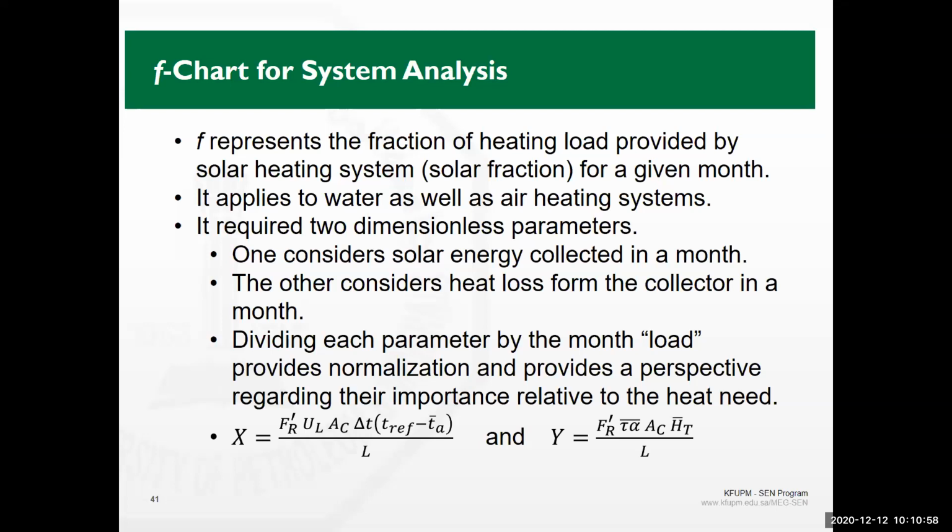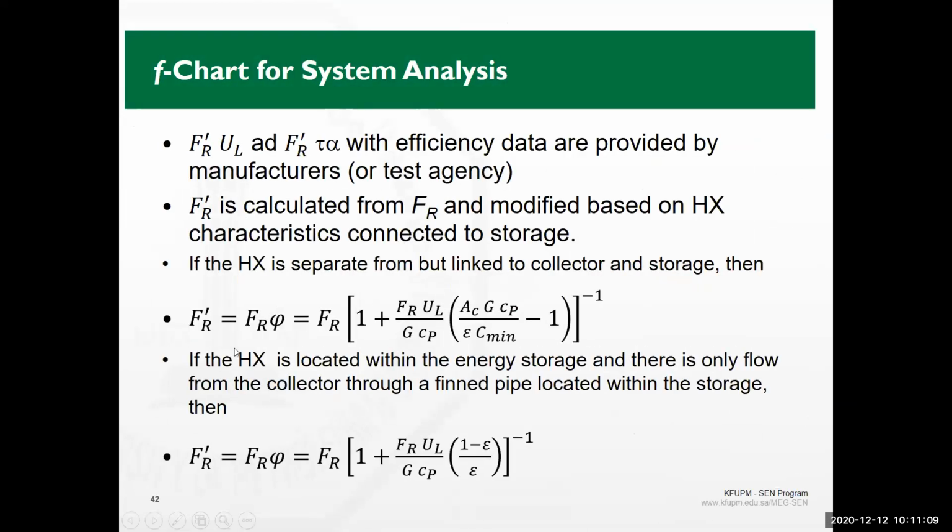So one of them has to do with energy falling into the collector, and one of them has to do with the energy lost from the collector. FR is the heat removal factor, if you remember. So both FR UL and FR tau alpha, with efficiency data, are provided by the manufacturers. We mentioned that earlier. This is a part of the manufacturer's specifications that are given.